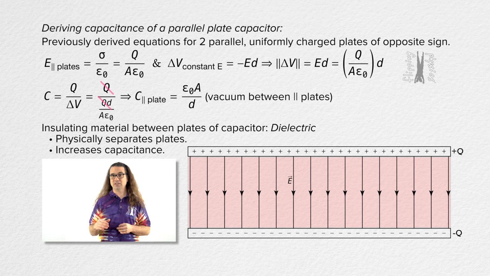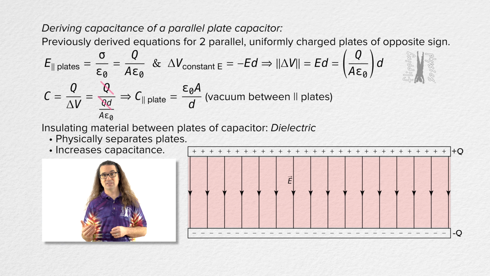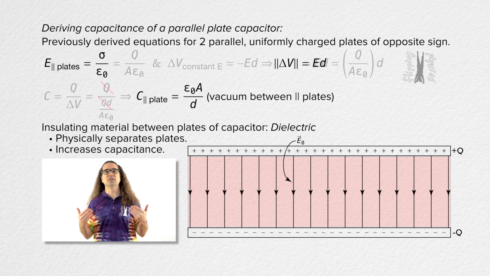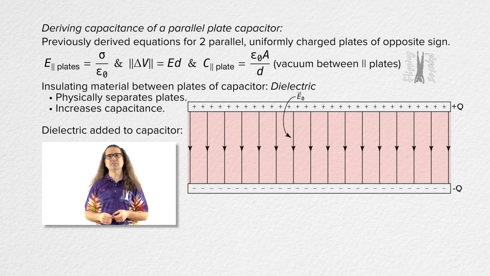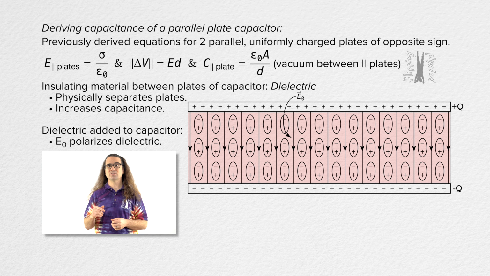The original electric field in the capacitor is in black in the illustration, and I have identified the original electric field as capital E naught. When a dielectric is placed in that electric field, the electric field arranges the molecules in the dielectric according to the law of charges.